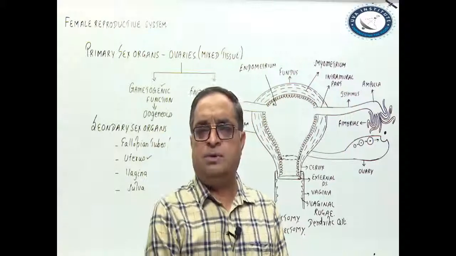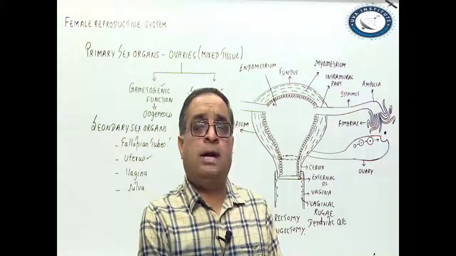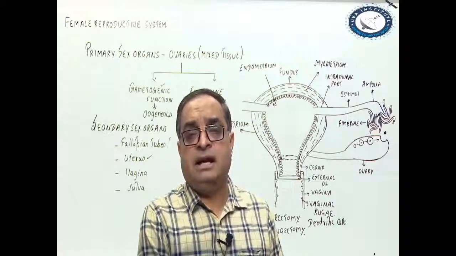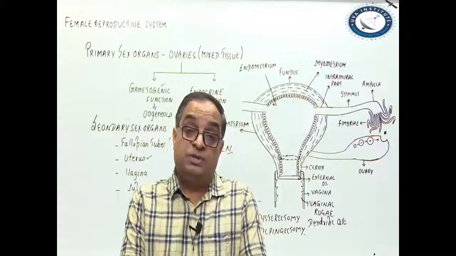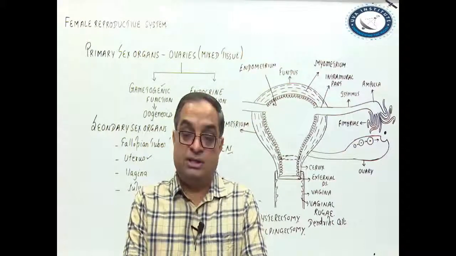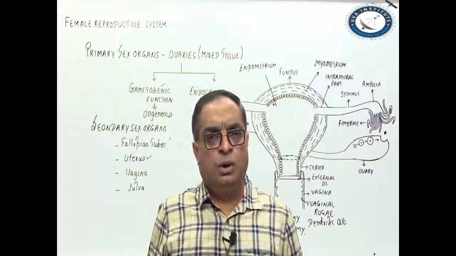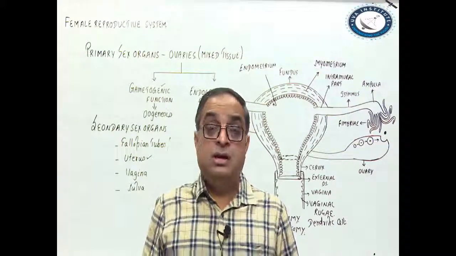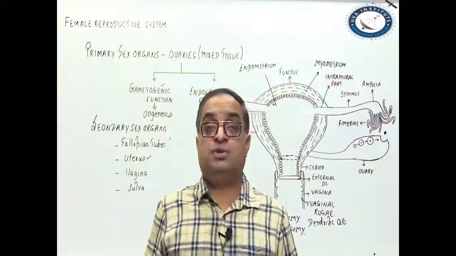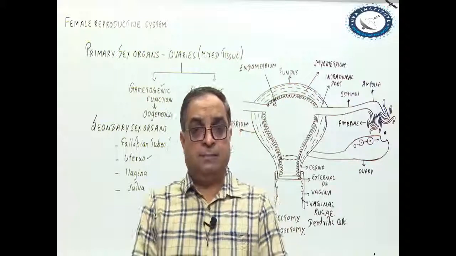Hymen generally ruptures during the first penetrative sexual intercourse, and may or may not be accompanied by mild bleeding and pain. But sometimes the hymen is so rigid that it has to be removed surgically. Hymen can rupture because of many other reasons also: horse riding, swimming, some kind of vigorous athletic activity, vaginal infection, use of vaginal tampons. So there are different reasons for the rupturing of hymen.